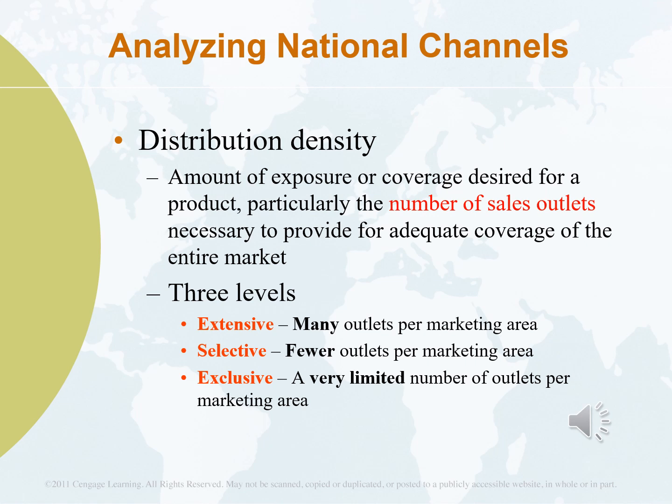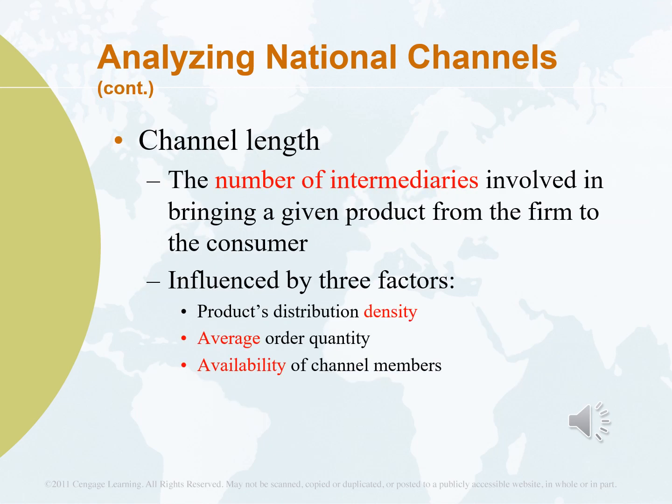As to distribution density, there are 3 levels: extensive, selective, and exclusive. For extensive, many outlets per area. Selective, fewer outlets per marketing area. Exclusive, a very limited number of outlets per marketing area.